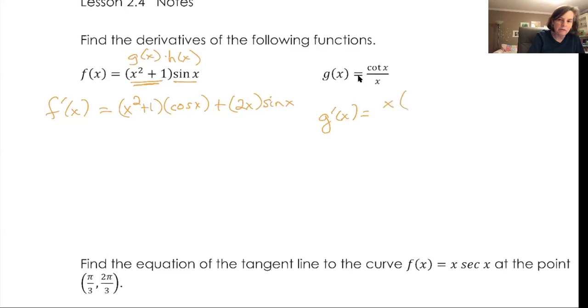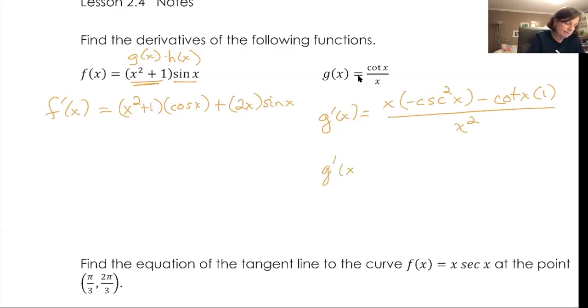D high, derivative of cotangent is minus cosecant squared of x. And low d high minus high d low, the derivative of x is just 1, all over the square of what's below, so all over x squared.